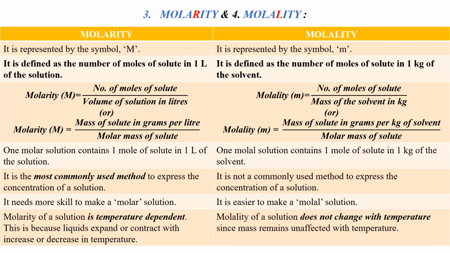The second formula to calculate molality is mass of solute in grams per kilogram of solvent divided by molar mass of solute. Now, you can use the second formula when you encounter problems where you come across the term density. If you have the term density in the question asked, you can use the second formula.